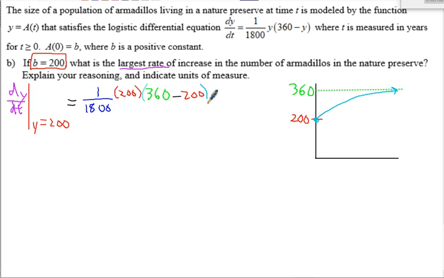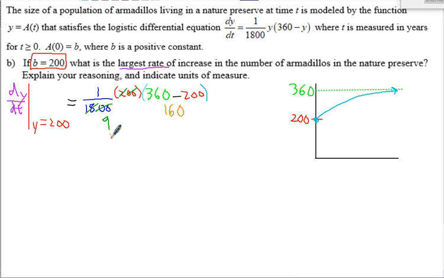So let's try to simplify this one. Here, you can knock off the zeros there, and you can see 2 goes into 18 9 times. And then 360 minus 200 is 160.